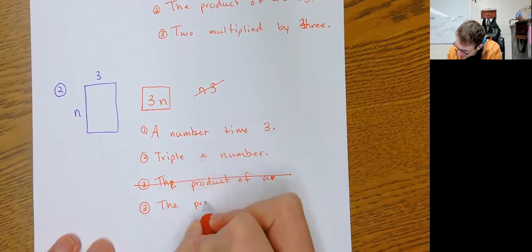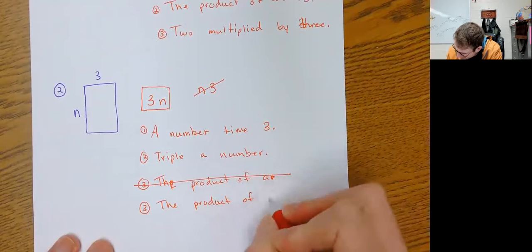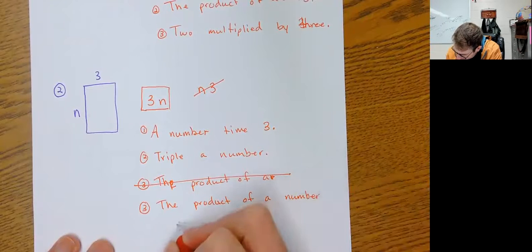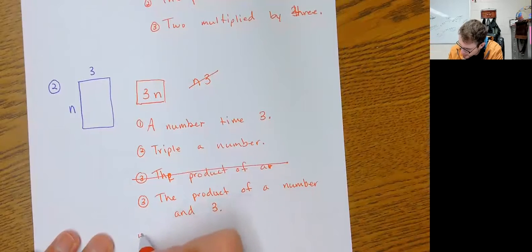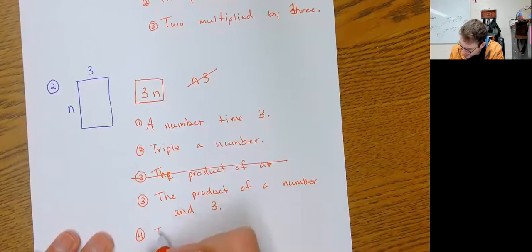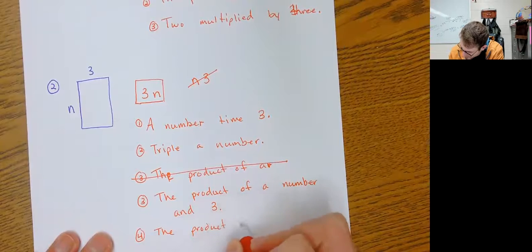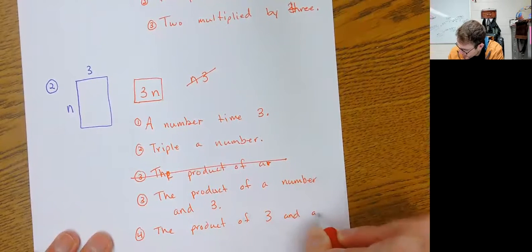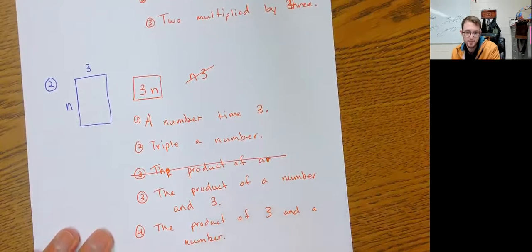The product of a number and 3. You could also do the vice versa of that, as you could do the product of 3 and a number.